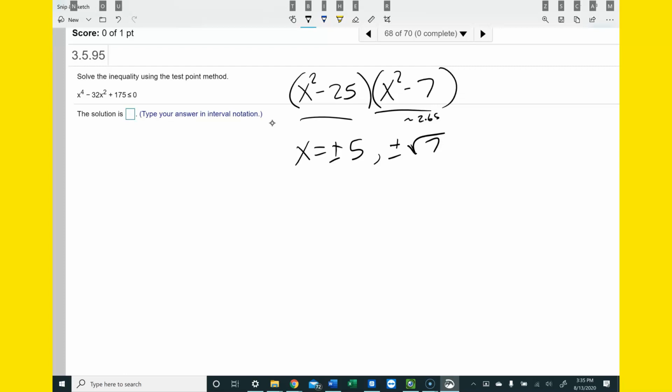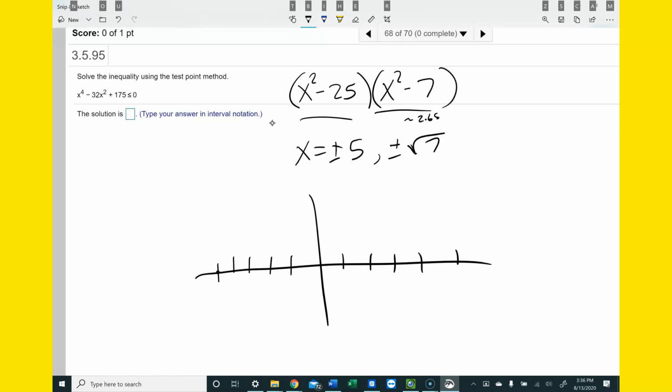So let's look at that on a graph to help us solve this inequality. I think that makes it visually make more sense. We're going to cross, and each one of them, by the way, is multiplicity 1.